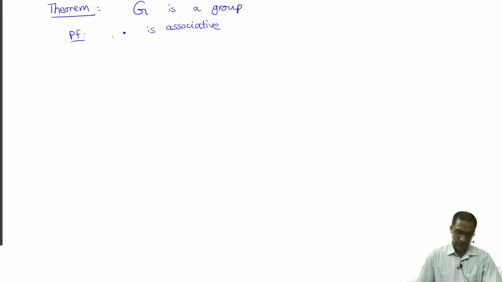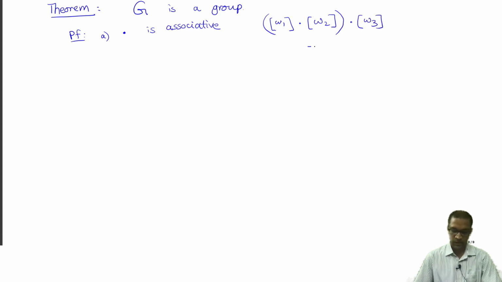Why is it associative? We'll show that first. Observe the definition: if I take W1 multiplied by W2, let's write out the definition of associativity here. This by definition is the equivalence class of the concatenation W1 star W2, multiplied by the equivalence class of W3. Which by definition again is the equivalence class of W1 star W2 star W3.